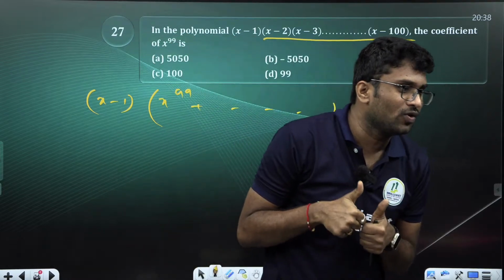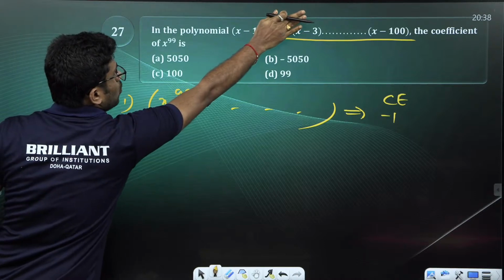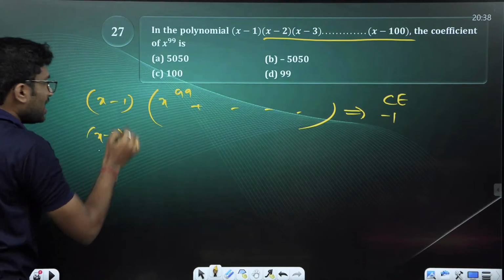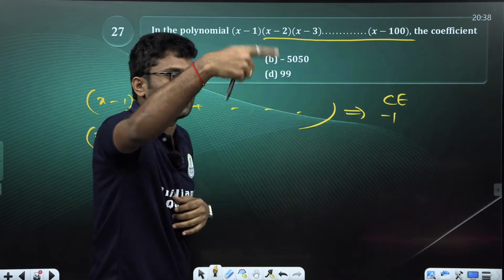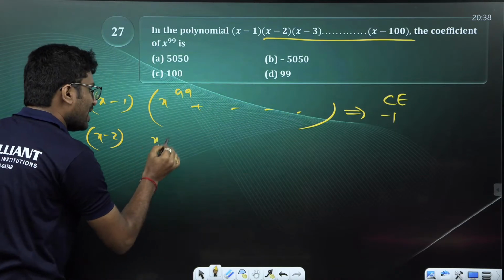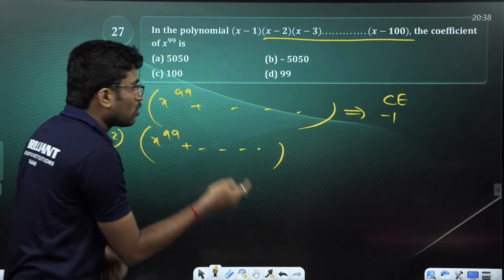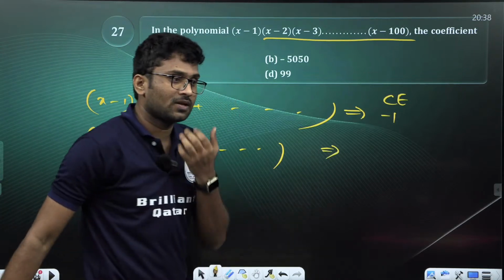Now if I take (x-2) aside and multiply the remaining 99 factors, again we get x^99 plus something. What will be the coefficient of x^99 in this?